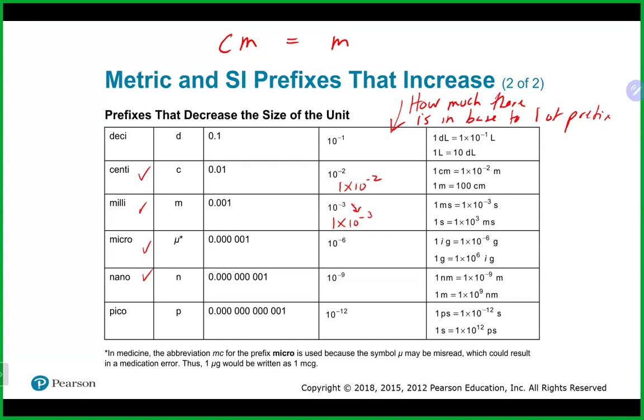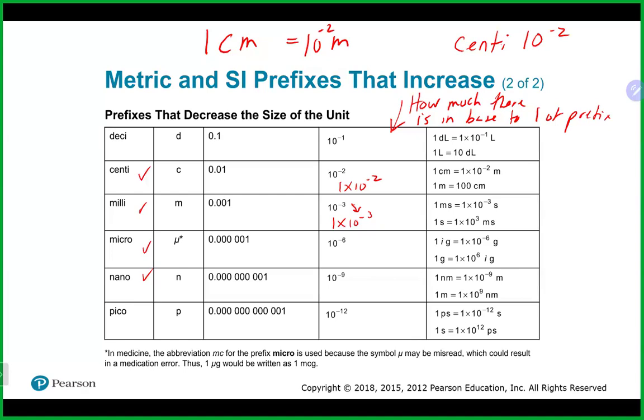So when we look at a table and it says centi is 10 to the minus 2, what that means is in one of the prefix units, which is this guy, there is 10 to the minus 2 meters. And I can't tell you how many people will go to this table and say there are 10 to the minus 2 centimeters in 1 meter and do it backwards. It's a very, very common error that people make.